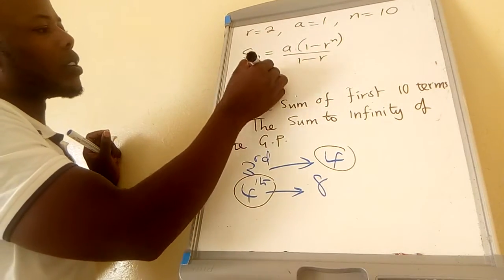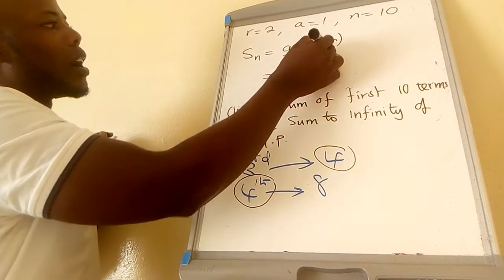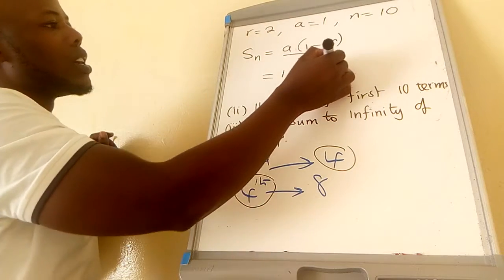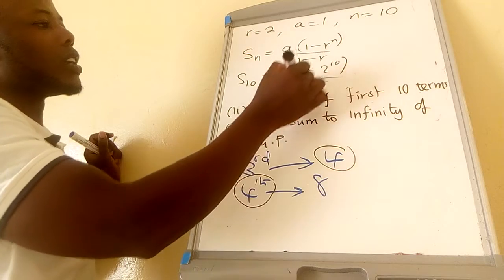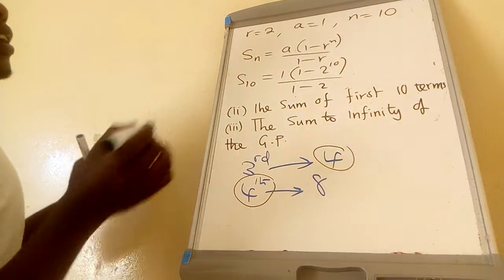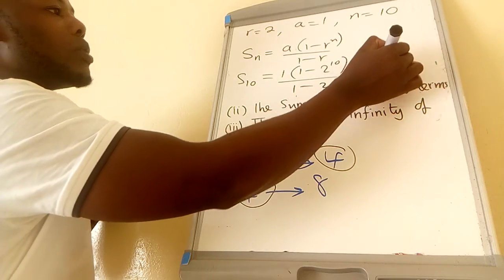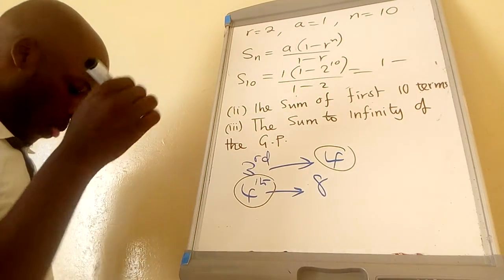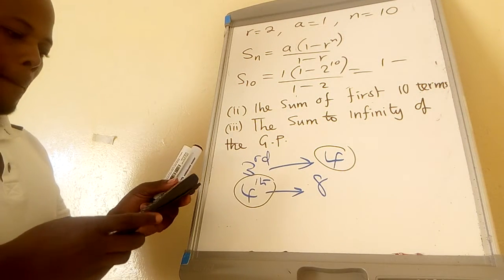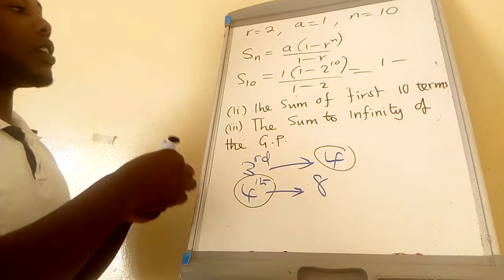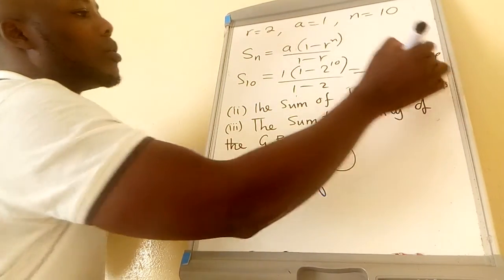Now we can start plugging in our values. A is 1, R is 2, n is 10. We are finding the sum of the first 10 terms, 1 minus 2, which is R. When we work out things nicely, we'll remain with 1 minus 2 to the power 10, which is 1 minus 1024, over negative 1.